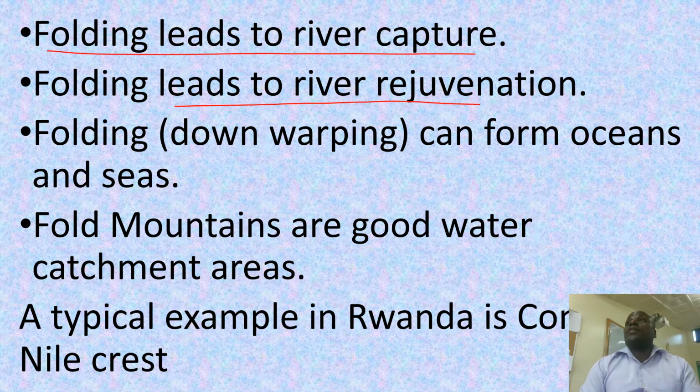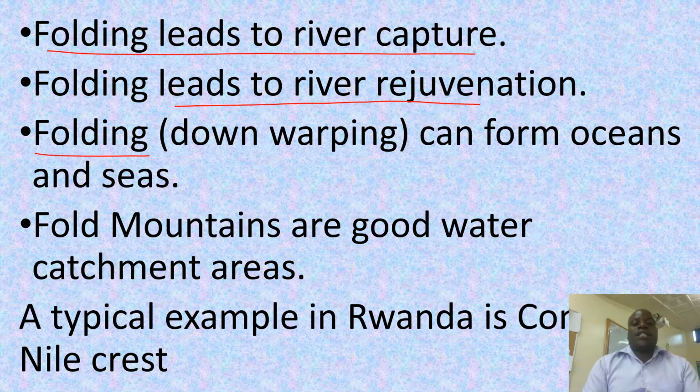For example, if the river bed or channel has been affected by folding and the gradient of the river is changed by the folding and it becomes steep, the river will become more energetic again and it will increase its speed, and again it will begin eroding more than when it was flowing on a flat surface. But after folding, the gradient becomes steep and the river regains its power to erode.